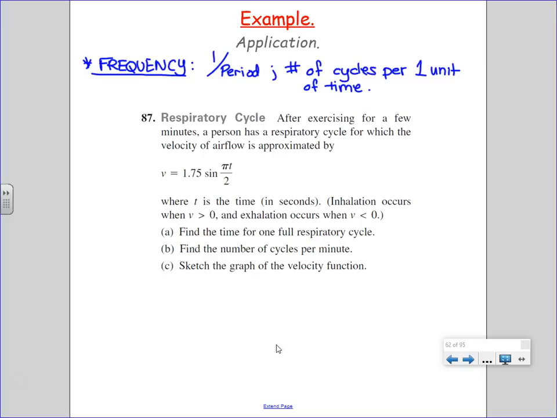Real quick, before you even think about this application problem, I want you to write down one quick clue that we have not written down anywhere in our notes. Frequency. We wrote down period, amplitude, sinusoidal axis, phase shift, but we did not write down frequency. Frequency is something that comes up in application problems.